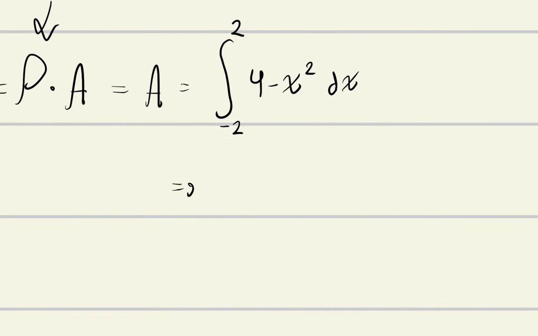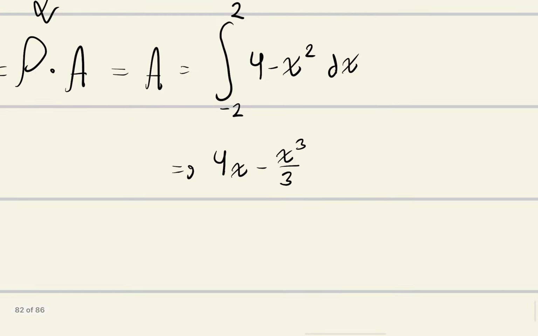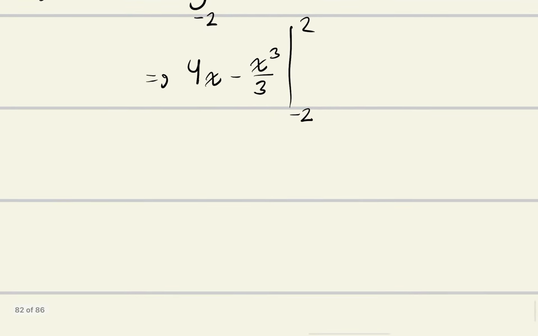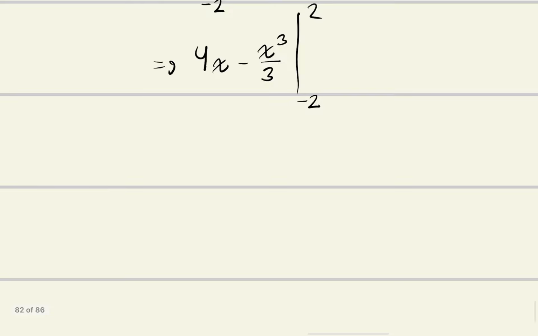And this is 4x minus x cubed over 3, evaluated from -2 to 2. And then we can just plug in our values.